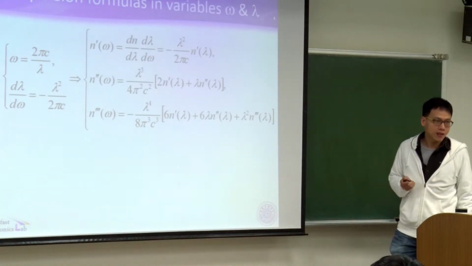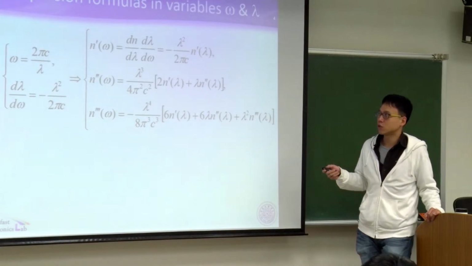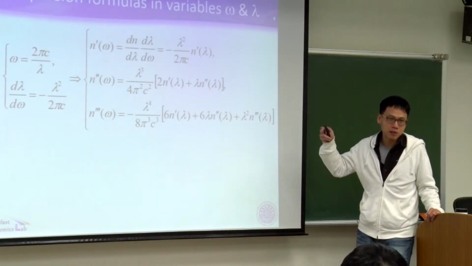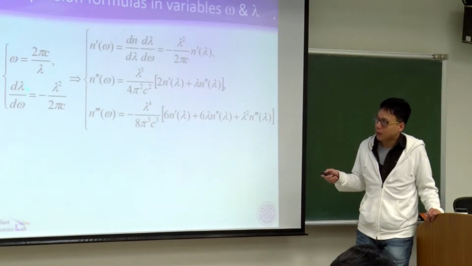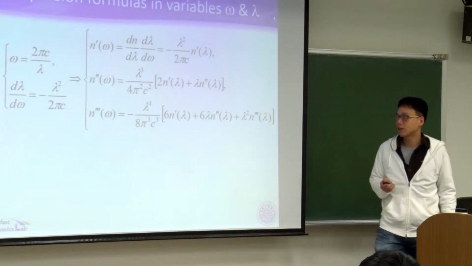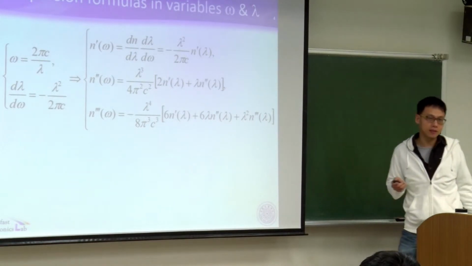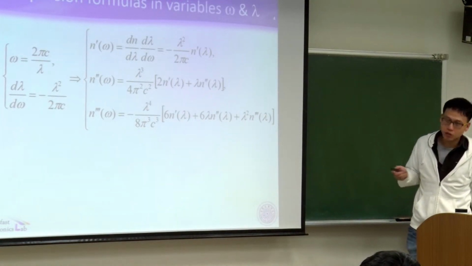How about the right-hand side? 2 pi c is just a constant, so you are actually calculating the 1 over lambda derivative, which is minus 1 over lambda squared. By taking the inverse, you get d lambda over d omega equals minus lambda squared over 2 pi c, a constant. We will use this relation later.